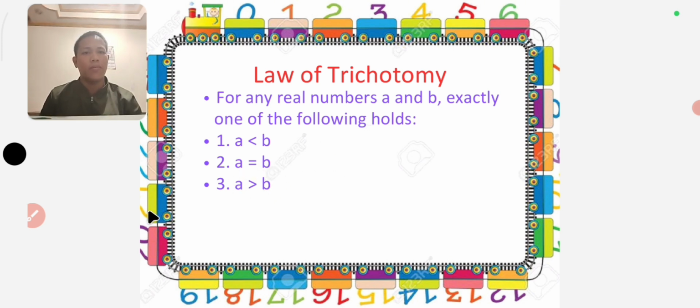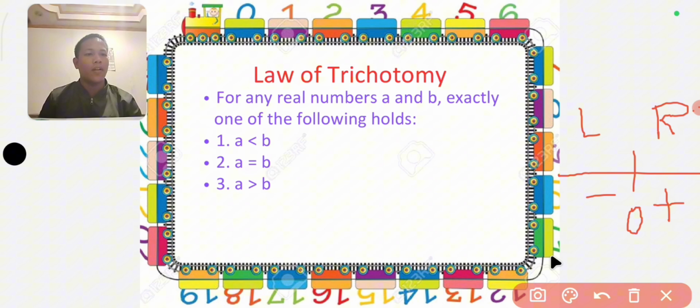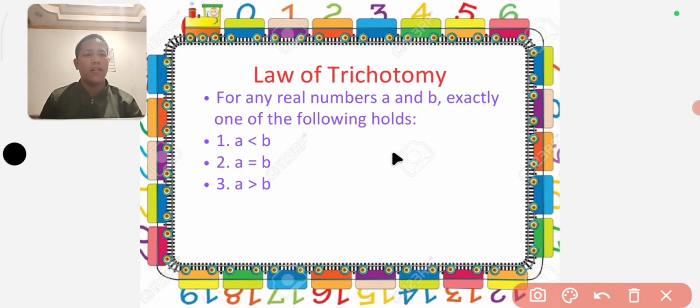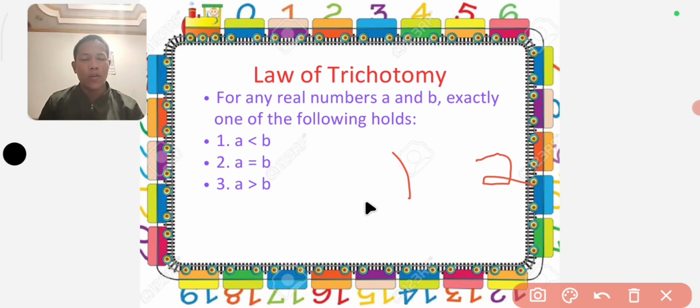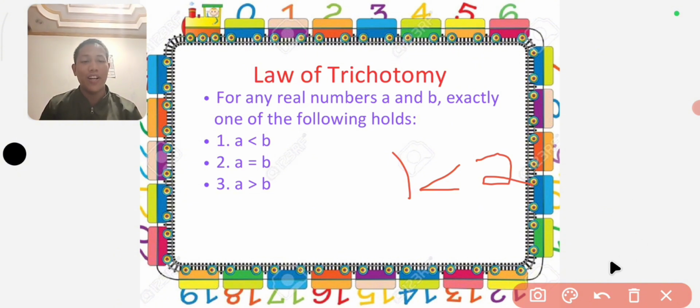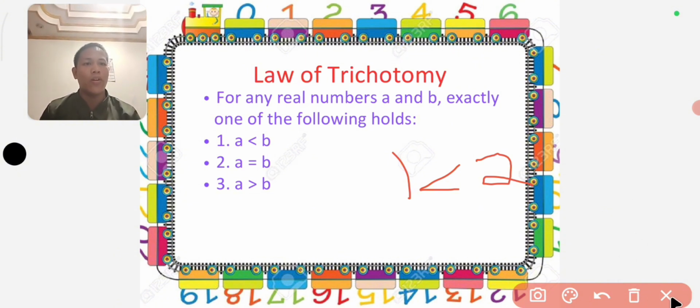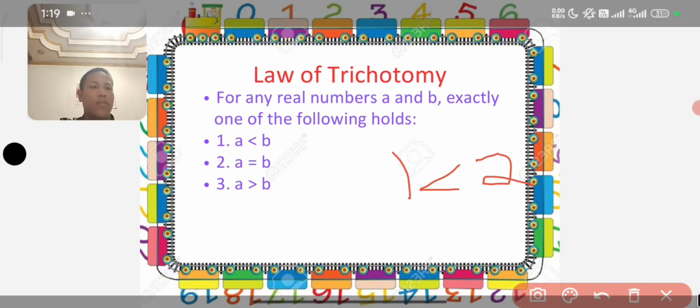So, for example, the number 1 and 2. Which one? That one. So for any real numbers, one of those laws holds.